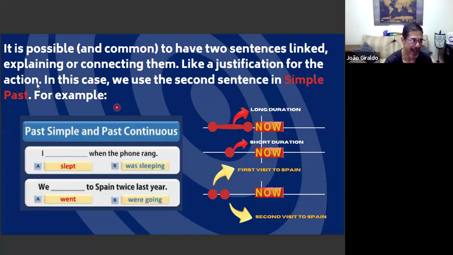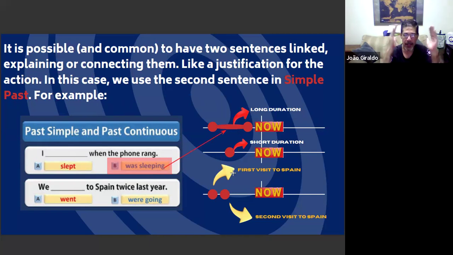So the correct answer here is: I was sleeping when the phone rang. And the idea is exactly this. Was sleeping is this duration. My example, 1 hour sleeping, okay?